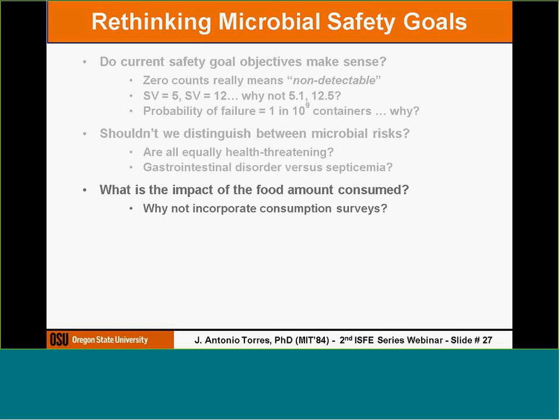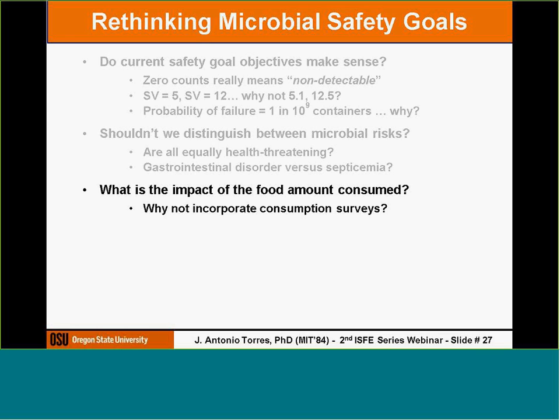Should the amount of food consumed when this is processed matter? Certainly it is different consuming a food item one day versus every day, as I get it every day in my home, at least in mine. So why not incorporate consumption surveys into those?